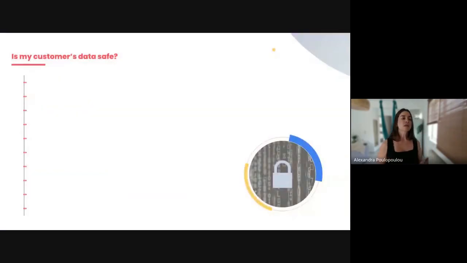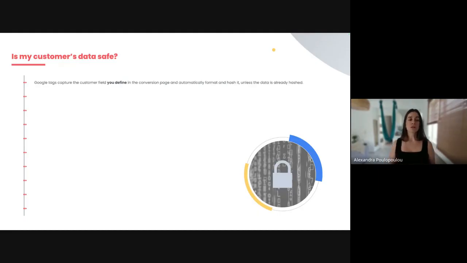Okay, let's start with what Google says on how they're handling data that we share with them. First of all, we need to know that we have full control of the data that we are sending. Google does not have access to our conversion page, and they cannot identify and get customer data on their own.